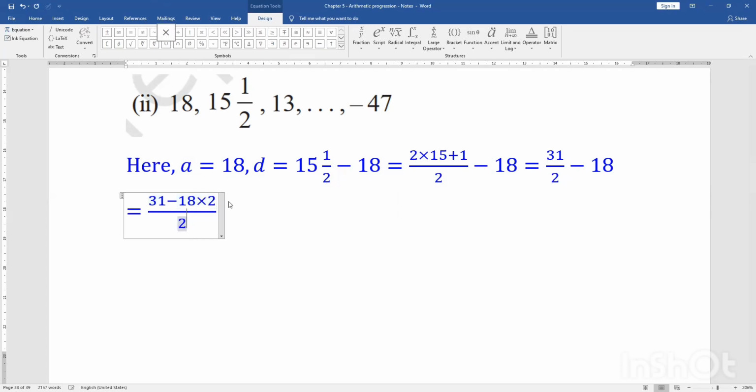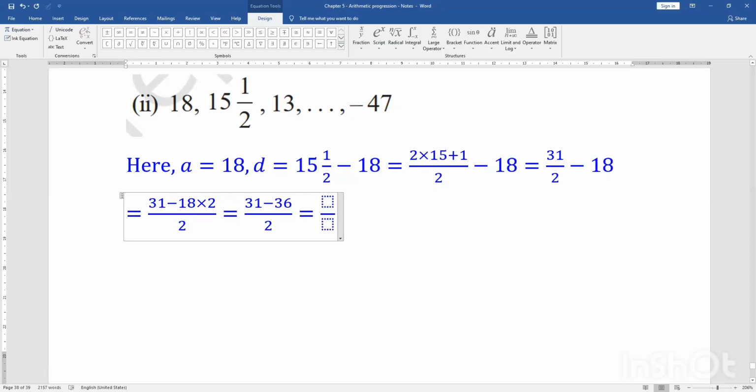So that means we get 31 minus 36 divided by 2, which will give you minus 5 by 2. We get it as minus 5 by 2.